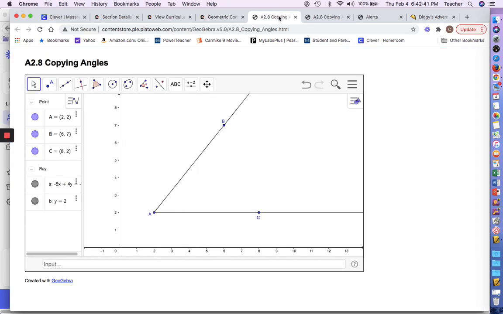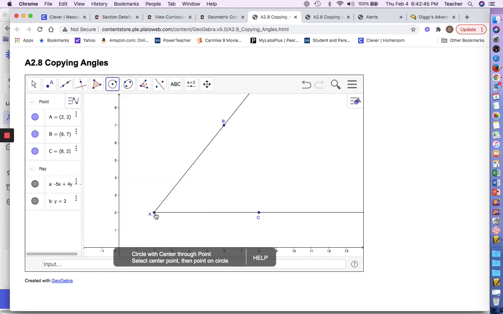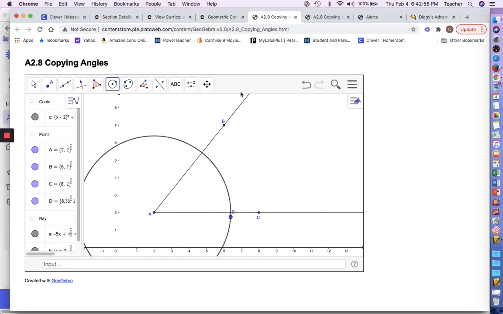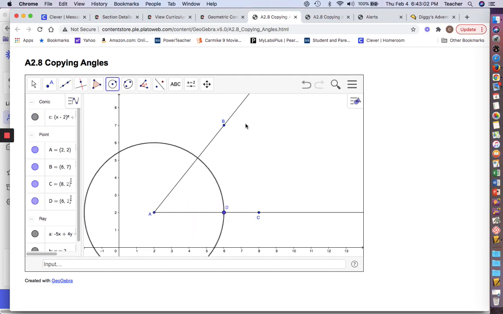So I need to draw a circle through a point. I'll click on A and pull it out. What does it say? It doesn't say anything, so I'll just say big enough. Oops. Should I put that on D? Let me try that again. Yeah, let me put it on just to be sure.